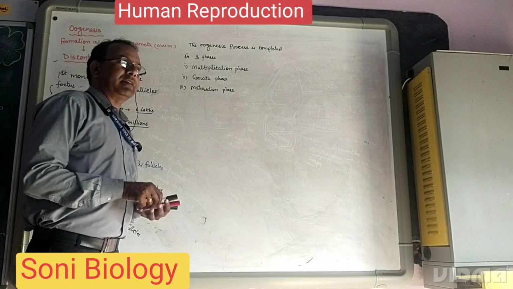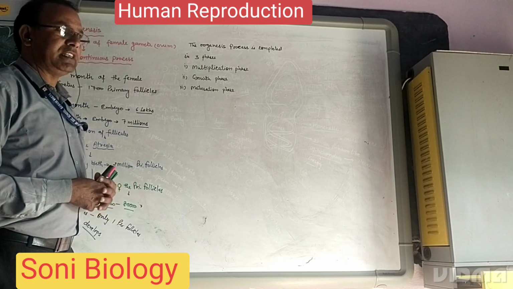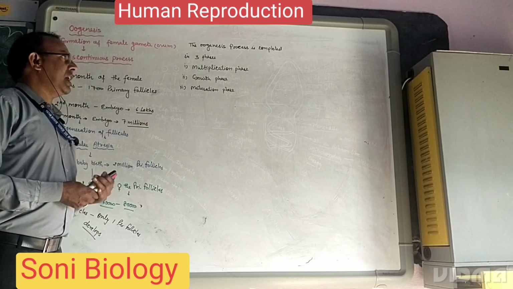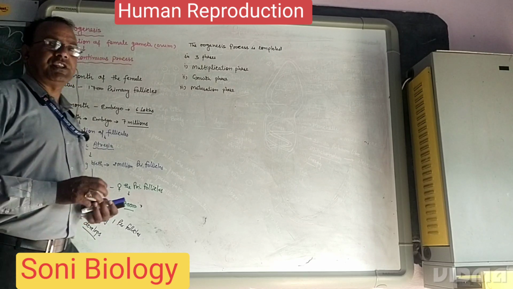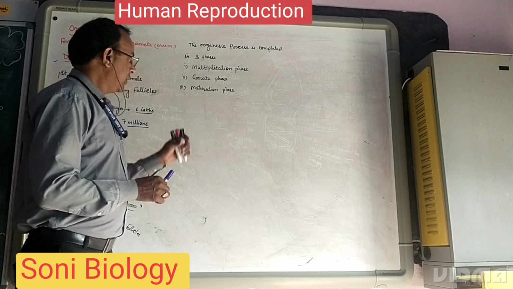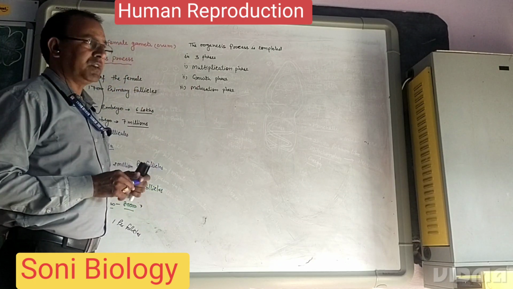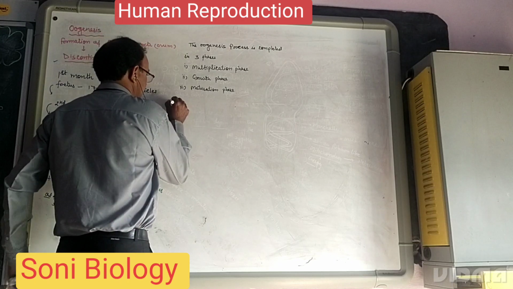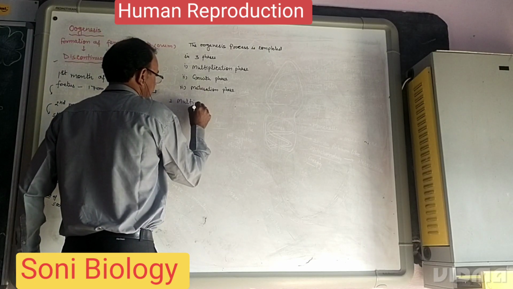Clear? Then after that we have studied that the oogenesis process is completed in 3 phases: multiplication phase, growth phase, and maturation phase. First of all, we discuss how this oogenesis process takes place. The first phase is the multiplication phase.